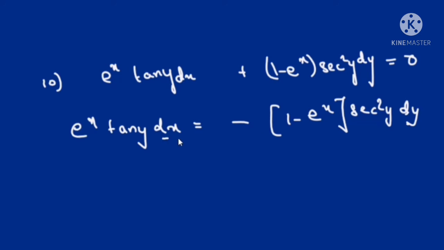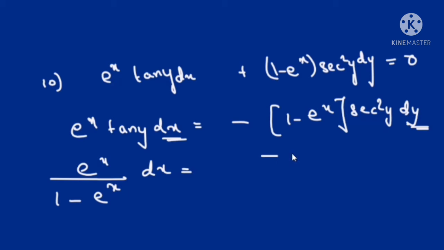So you have dx term here and dy here. So bring all the dx to this side and dy terms to the other side. So e power x by 1 minus e power x dx is minus secant square y by tan y dy.